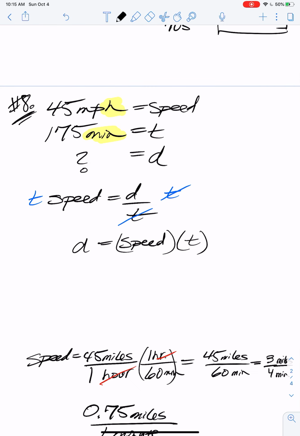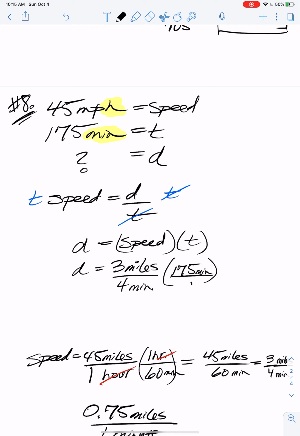All right, so distance is equal to 3 miles every 4 minutes times this time, 175 minutes, and that's over 1. Okay, so now we can cancel minutes. And we're left with 3 times miles times 175 divided by 4.